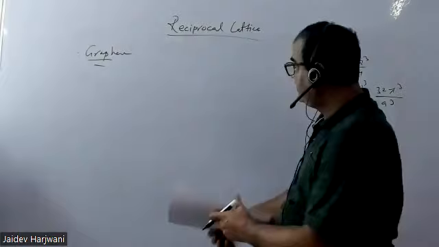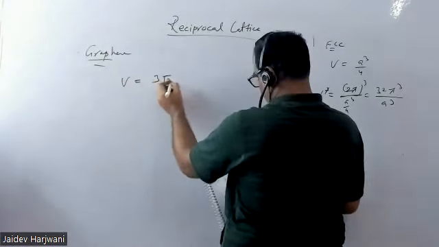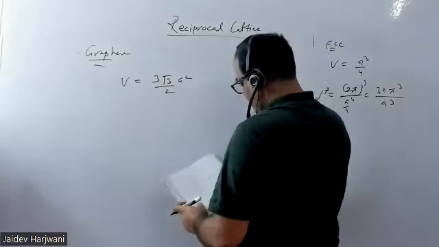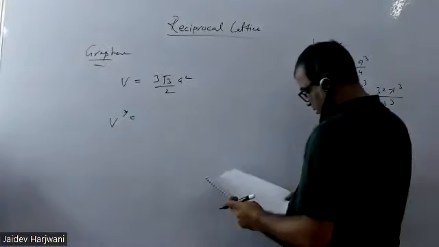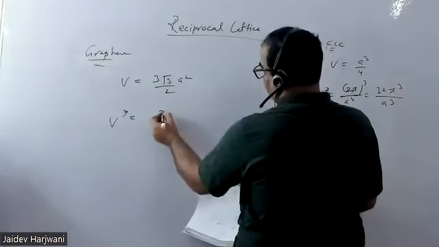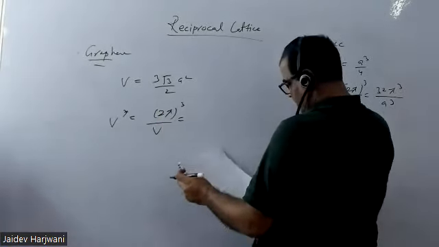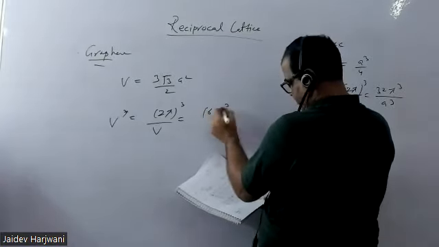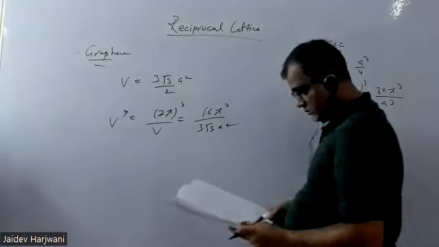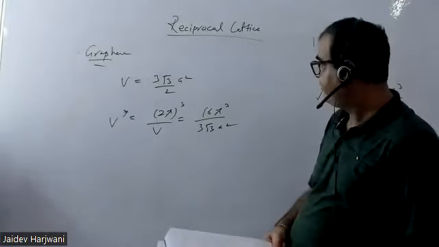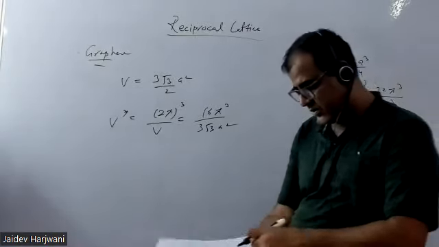Okay, if I say for graphene, this comes out 3√3 A square by 2. And if I calculate V star, that comes out (2π)³ upon this V, that is 16π³ upon 3√3 A square. So those results you have to remember.